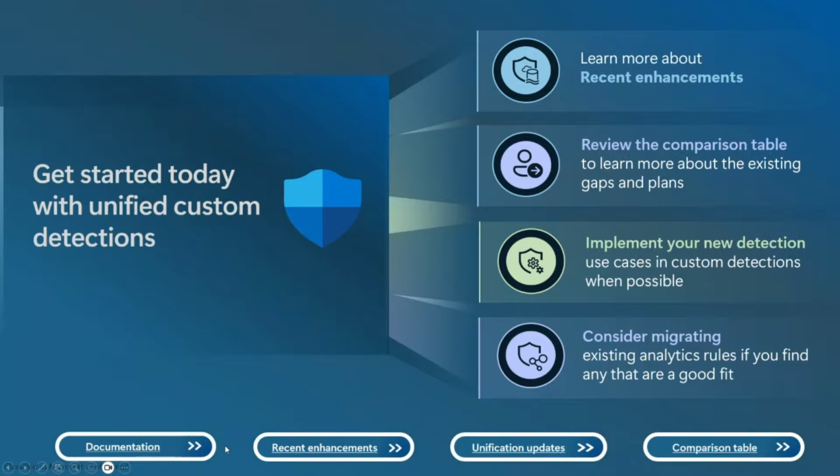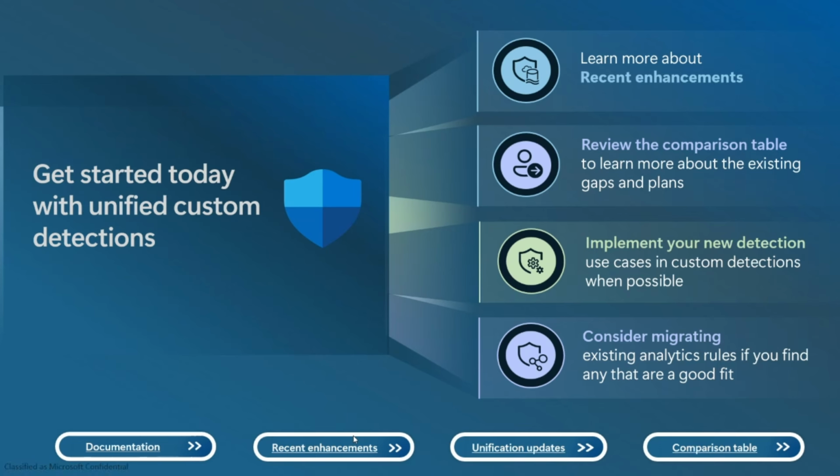And as you can see at the bottom, there are 4 links over here, right? There's a link to the official documentation. There's a link to the recent enhancement as well.